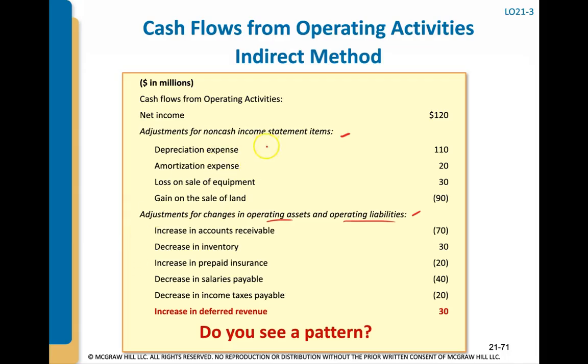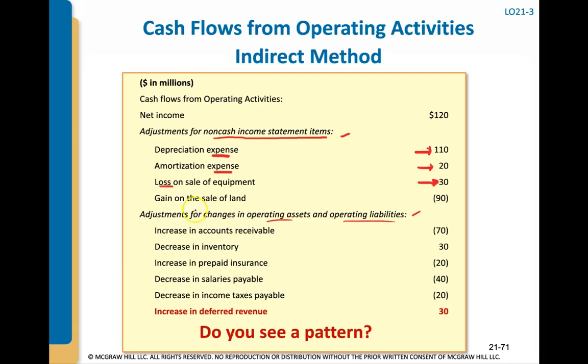Okay. For the non-cash items, let's look at it. Anytime there's an expense or a loss, which is reducing my net income, my adjustment was always the opposite. So every time I had an expense, I added back.